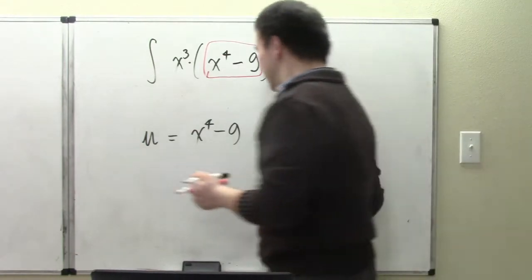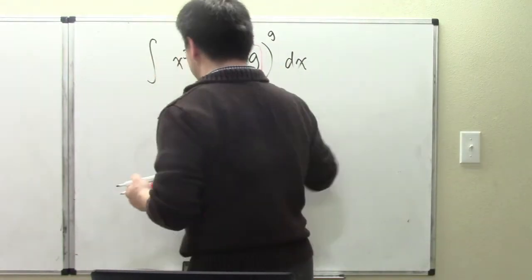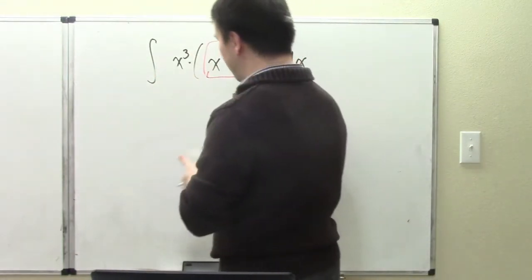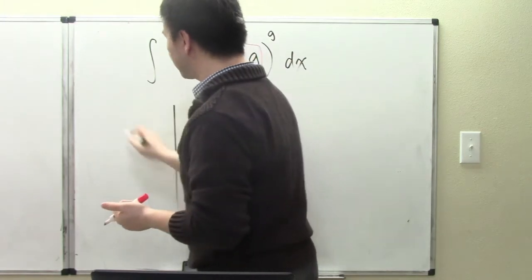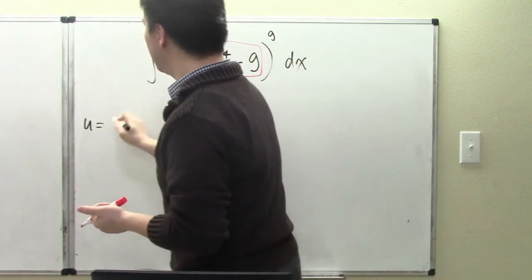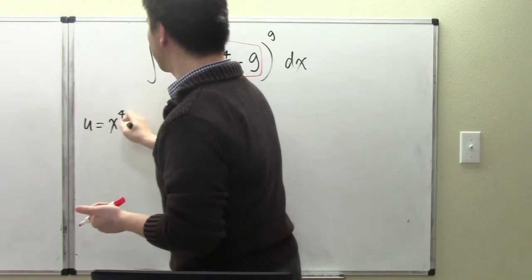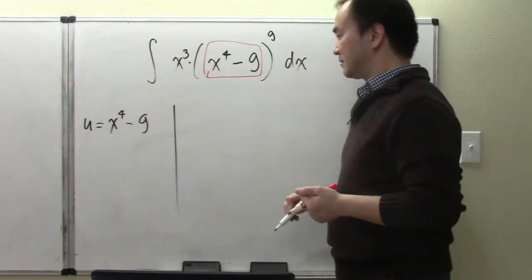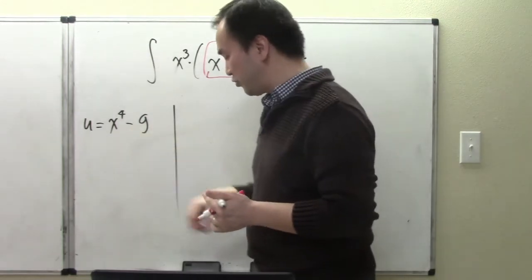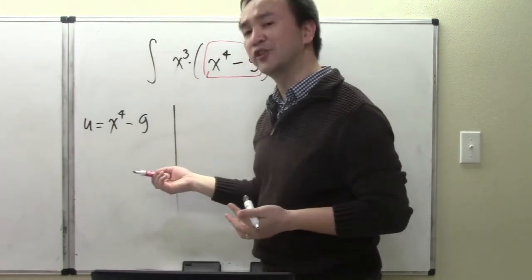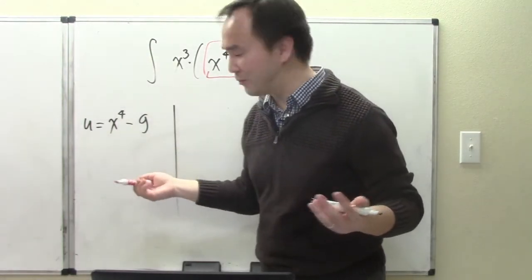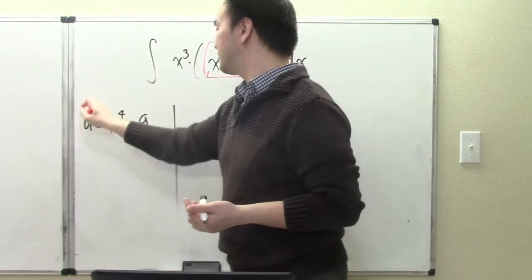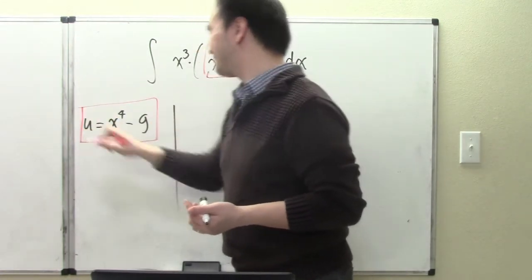Let me write that in a slightly separate space right there. So u equals x to the 4th minus 9. This is the substitution I chose.